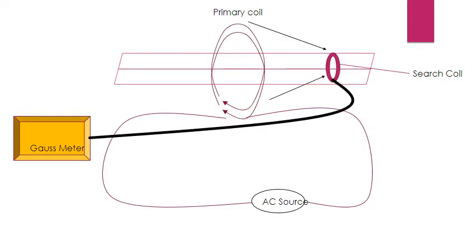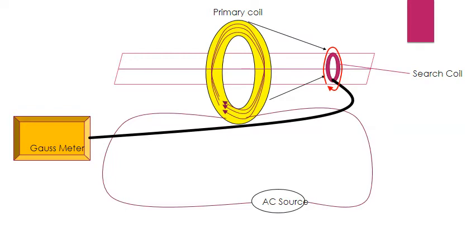You can see this is the particular experiment. This is the primary coil, where the current passes; this is the current, and this is the number of turns in the primary coil, and it generates the magnetic flux.